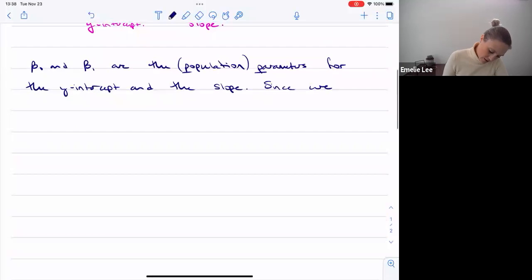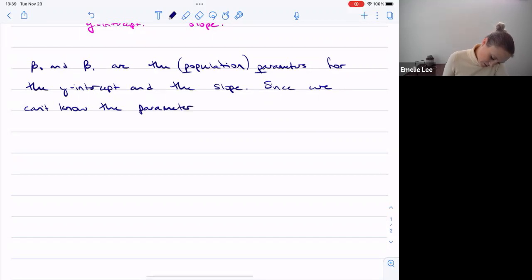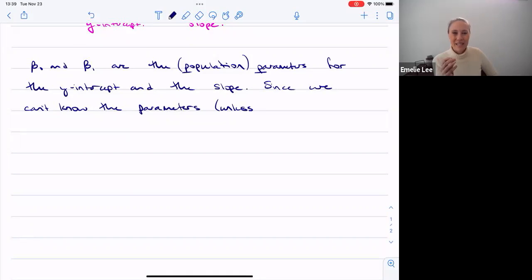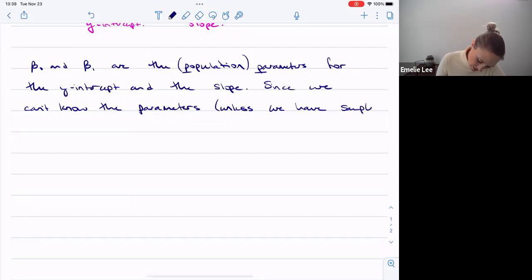Since we can't know the parameters, unless we have sampled the entire population, which we never do, and that's okay, we don't actually need it.